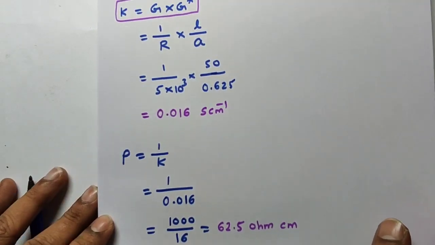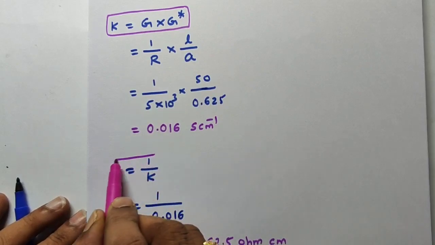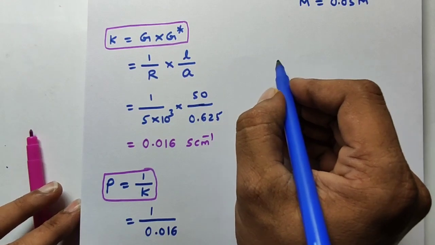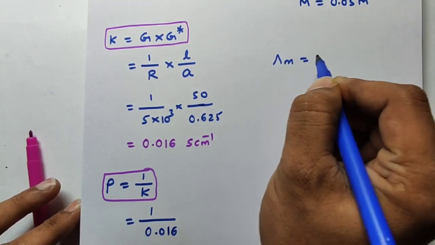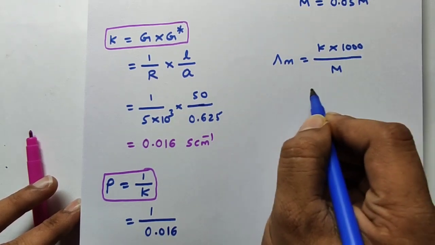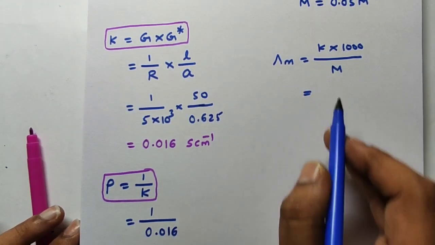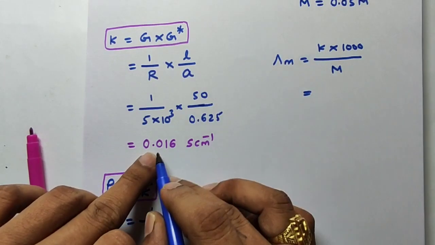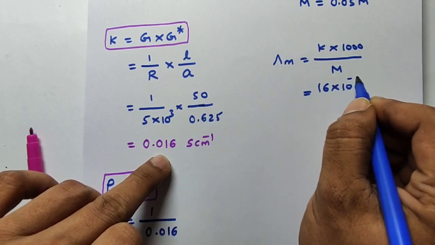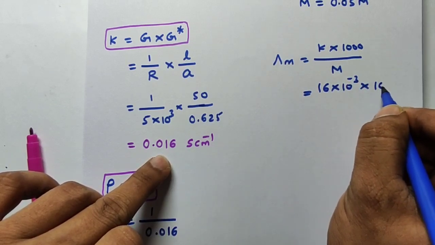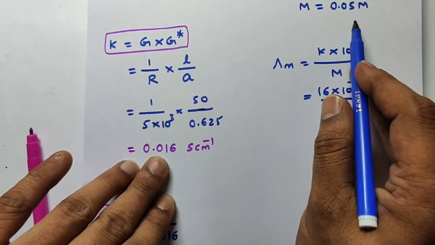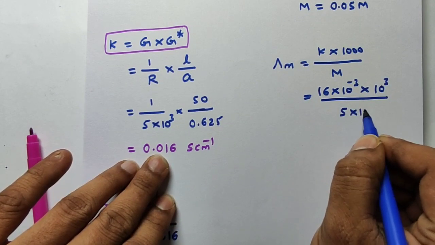Next, what do we have to find out? This is the second formula. We have to find out molar conductivity. Molar conductivity lambda m equals kappa into 1000 divided by molarity. Conductivity we already found, 0.016, so we can write 16 into 10 power minus 3. 1000 we can write as 10 power 3, divided by molarity, 0.05, nothing but 5 into 10 power minus 2.